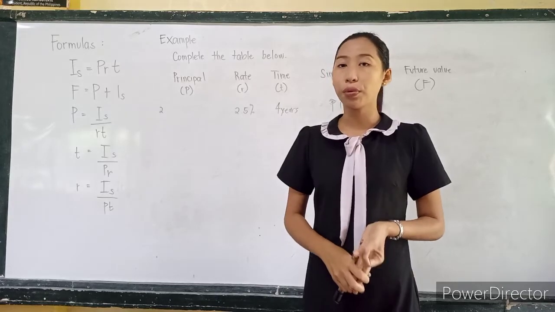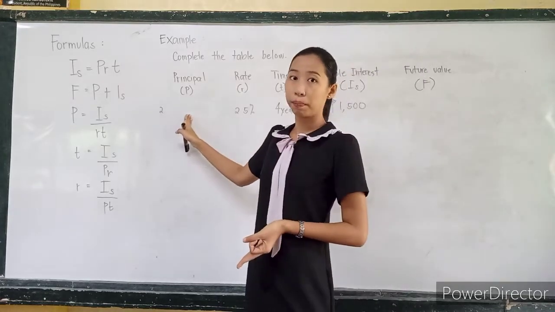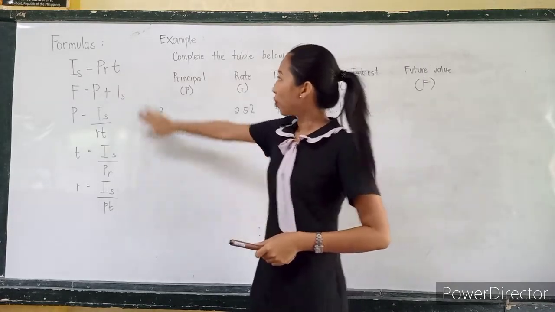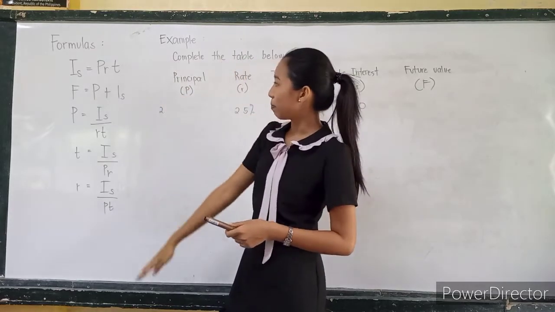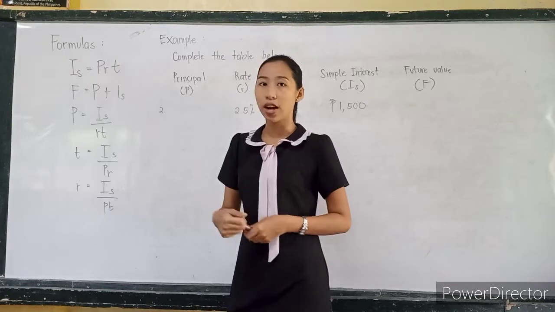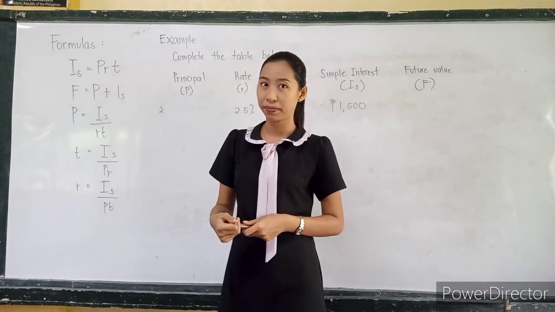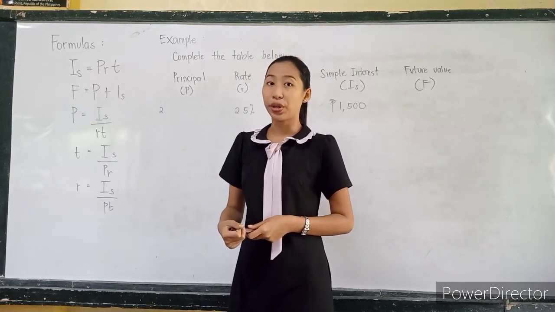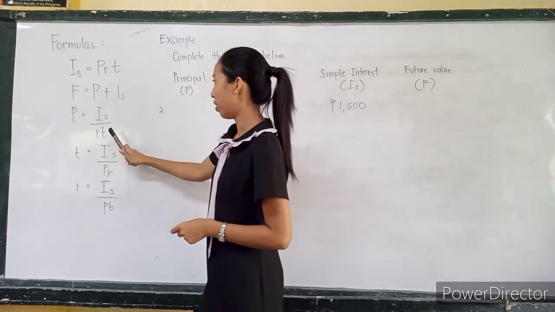What we need to find first is your P. Which formula here finds P, given IS, given R, and given T? Correct. Our third formula, this one.